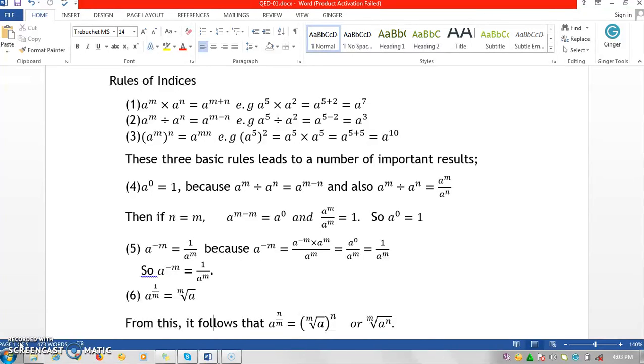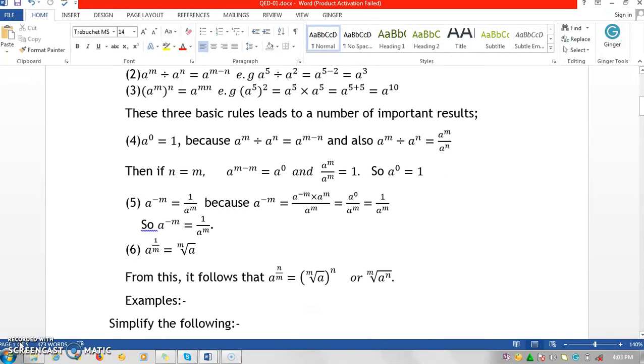And when you have a raised to the power of 1 over n, a fraction, this is like saying the nth root of a. So anything you have in the denominator will be the root. From this, it follows that a^(m/n) is like saying the nth root of a, in brackets, to the power m.